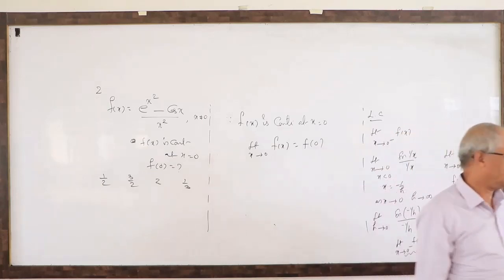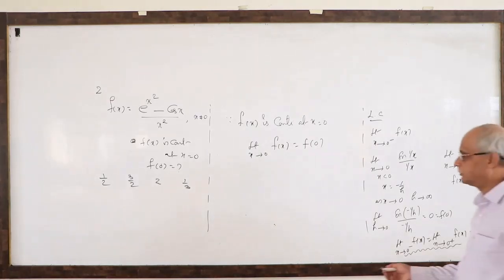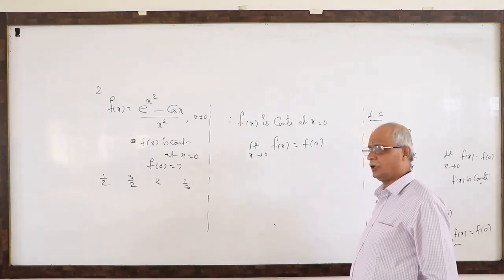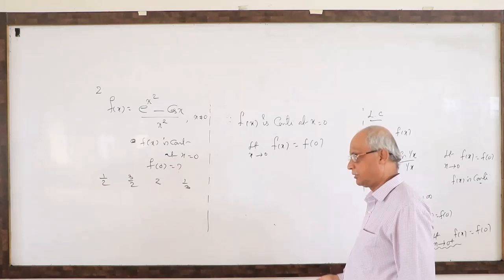What is that number here? 0. x value 0, function value f of 0. He is asking, this means he is asking limit only. Indirectly we are doing limits problems.